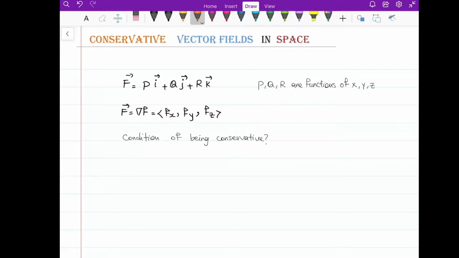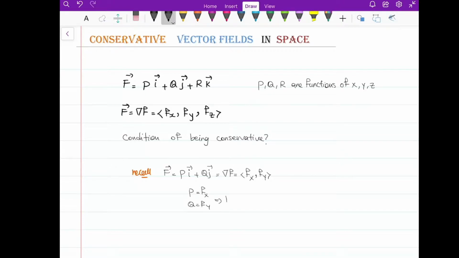Well, let me recall that if the vector field F has just two coordinates, Pi plus Qj, so if the vector field F is just defined on the plane, then it was conservative if P is equal to fx and Q is equal to fy.